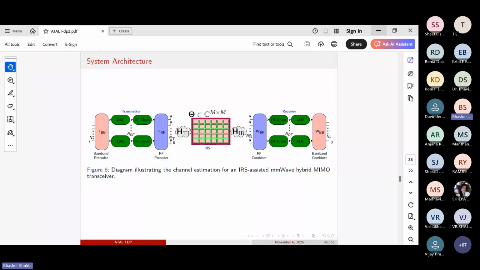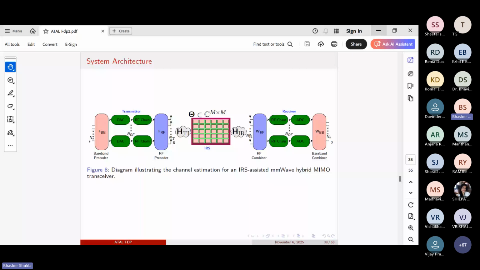So this is a basic restriction that makes us go for hybrid precoders, meaning RF and baseband precoders, because with the help of a hybrid precoder, we can simultaneously achieve the multiplexing gain as well as the beamforming gain.